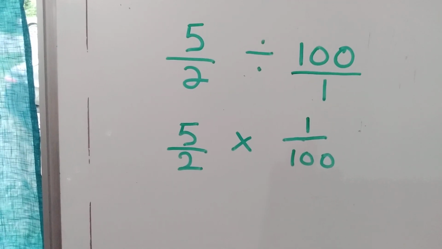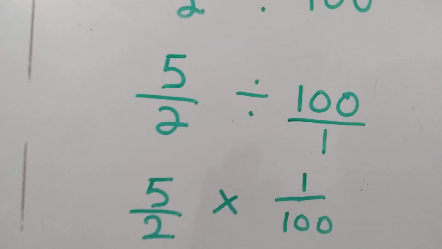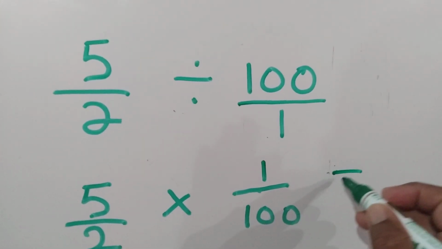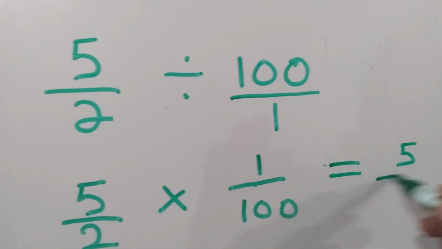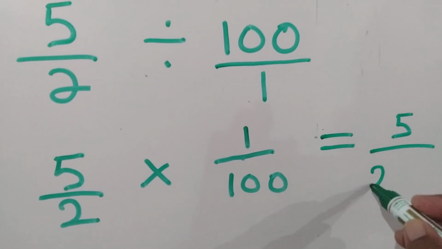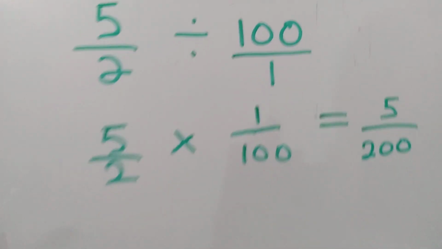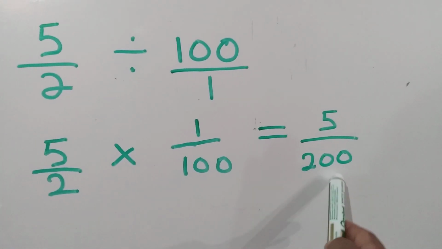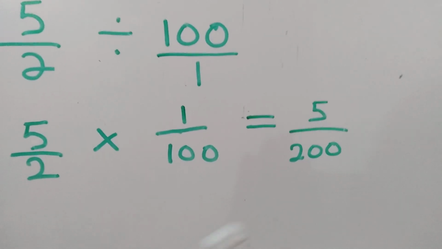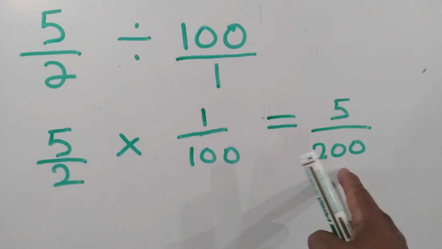So now you have a nice problem there, and we multiply. Good? So you multiply 5 by 1, you get 5. 2 by 100, you get 200. Now remember I said before, 5 over 200, written like that, means 5 divided by 200.